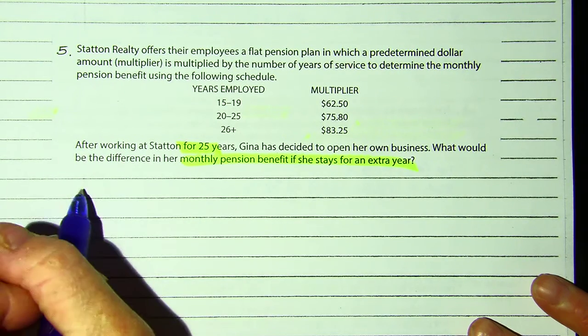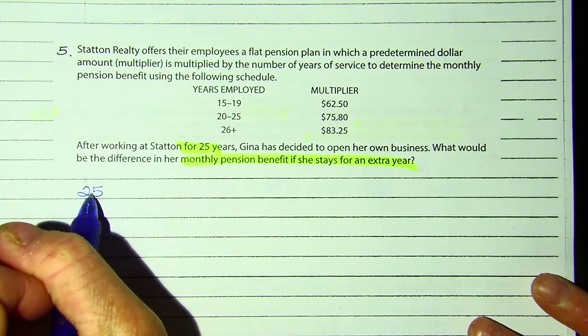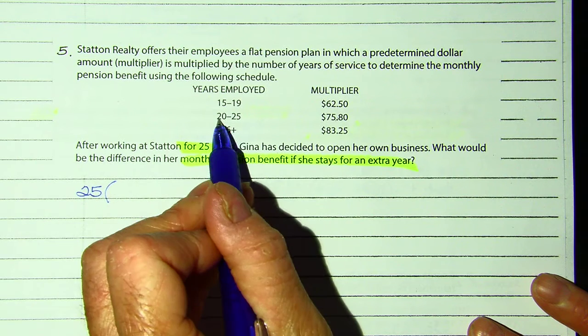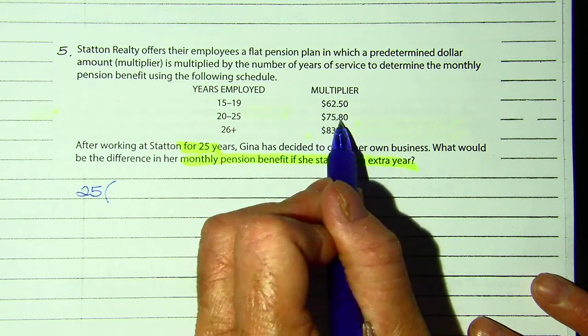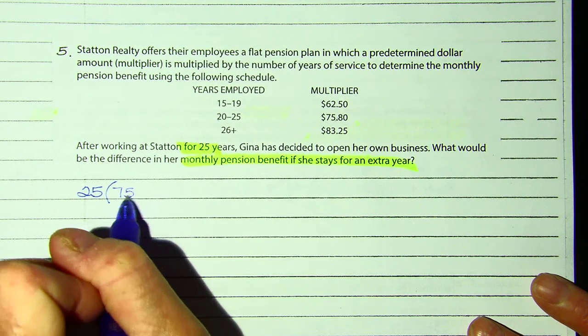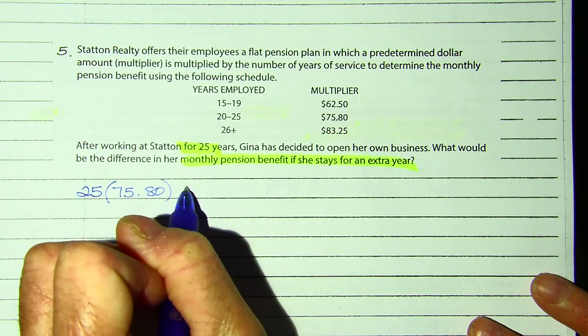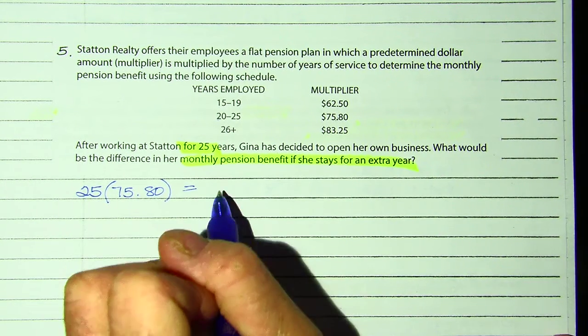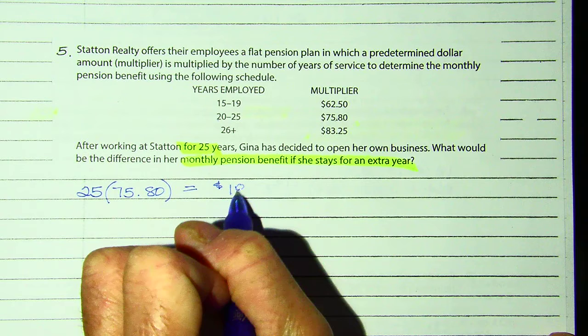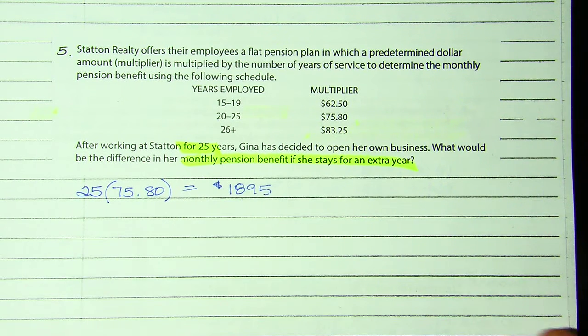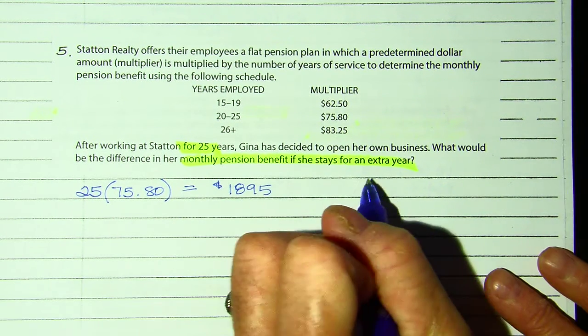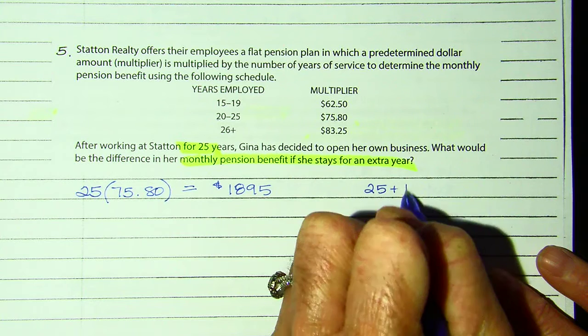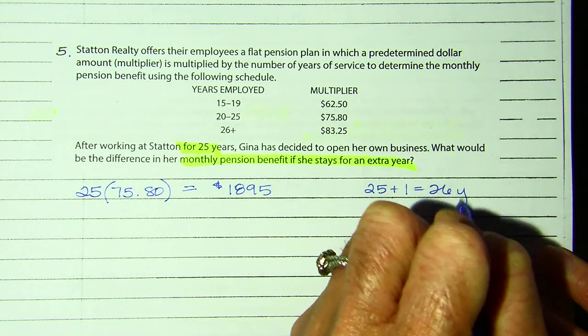So let's first figure out what she gets after 25 years. So after 25 years, it says if you've been employed 20 to 25, your multiplier is 75.80. So if I multiply that, that is a dollar amount of $1,895.